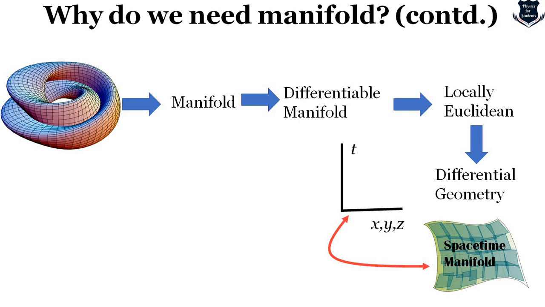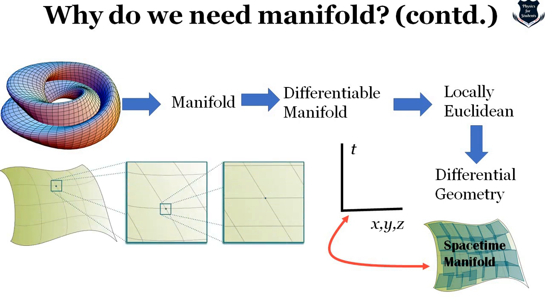We call it a differentiable manifold so that we can use differential calculus, and it has to be locally Euclidean, otherwise we won't be able to do the calculation. We do those calculations using differential geometry, and the space-time is now a space-time manifold.